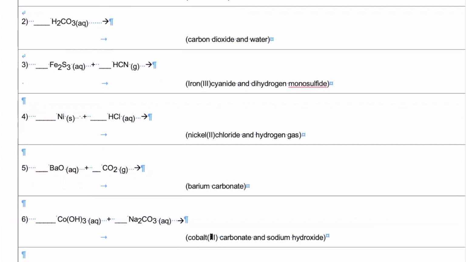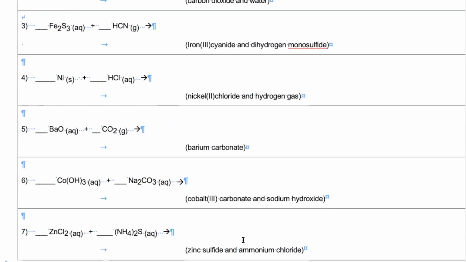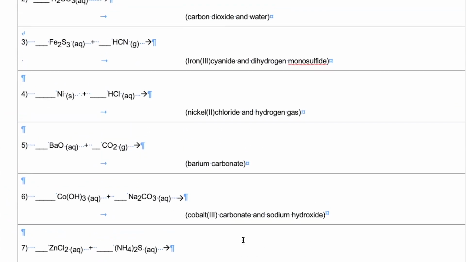Okay. Cobalt(III) carbonate. Cobalt's +3. Carbonate is a polyatomic ion. It's -2. Crisscross, you need 2 cobalt and 3 carbonates for that formula to be correct. Okay, so that's what this part of the activity is.